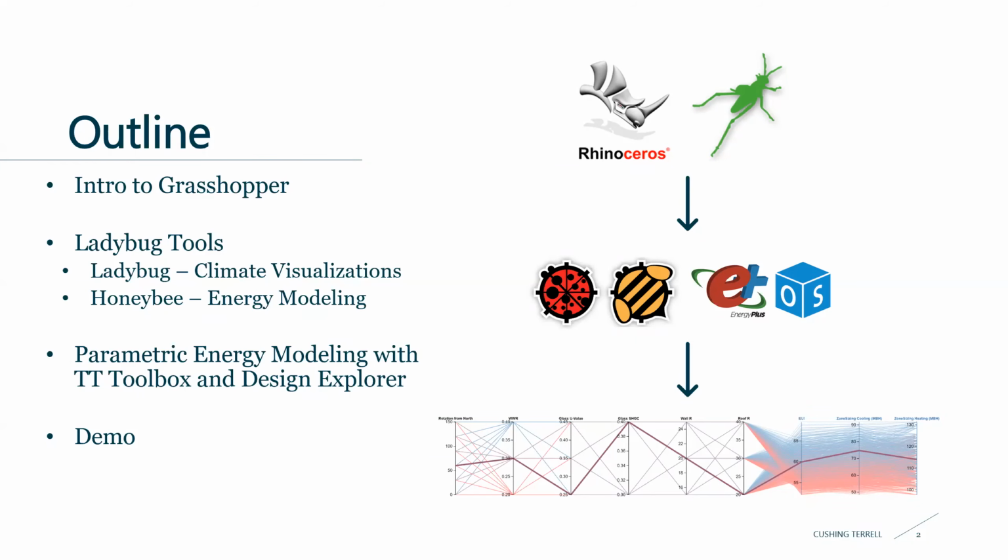Then we're going to take that energy model we built with Honeybee and show how you can do parametric energy modeling with another plugin called TT Toolbox, and then take those results from TT Toolbox and put them into Design Explorer. And then I'll end with a little bit of a demo, moving through the Grasshopper space and Design Explorer, just to give you a feel for it in real time.